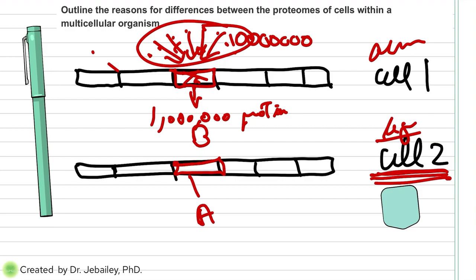And this is just one gene. Imagine this one has millions of proteins, and this one has millions of proteins, and it depends on which environment it's exposed to. So there is a huge variety of different types of proteins, and each protein has a different type of function. So that's the general idea about proteins.